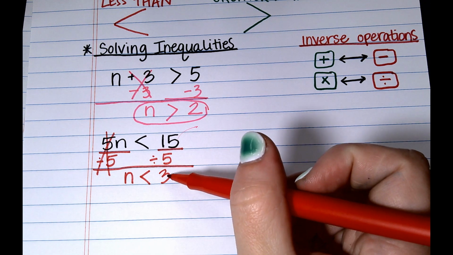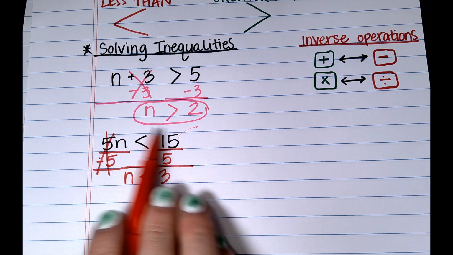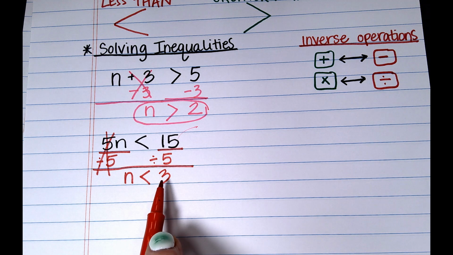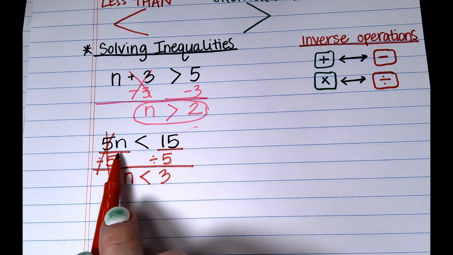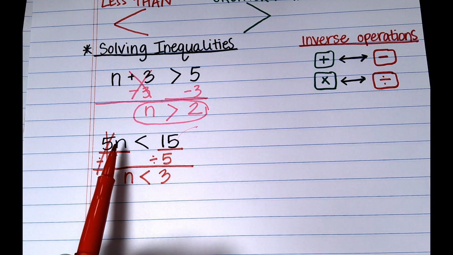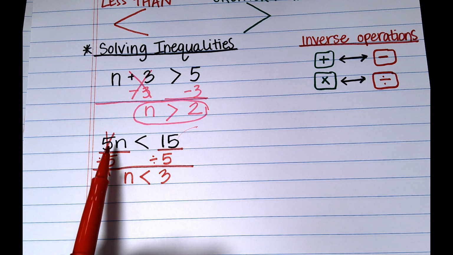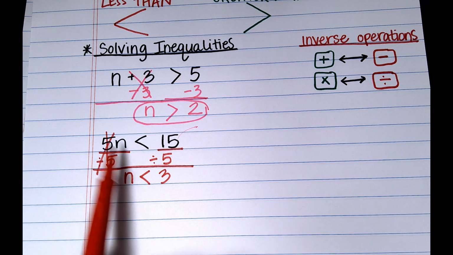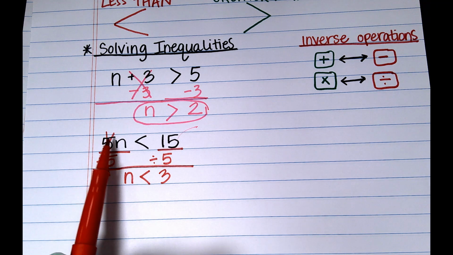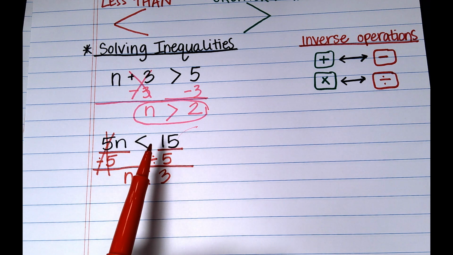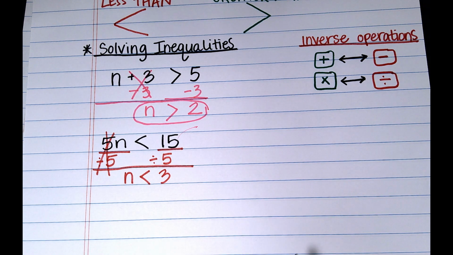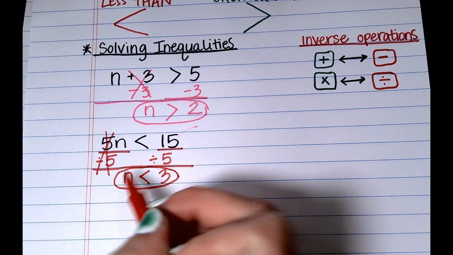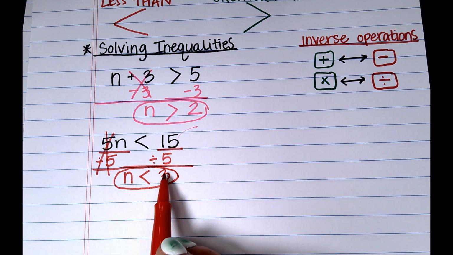So this means this original inequality is true if I use a number that is smaller than 3 for n. 5 times 3 is 15. 15 is not less than 15. We have to use a smaller number than that. Like 5 times 2, that would be 10. 10 is less than 15. That's true. That would work. So we just found out that I can use any number for n as long as it's less than 3.